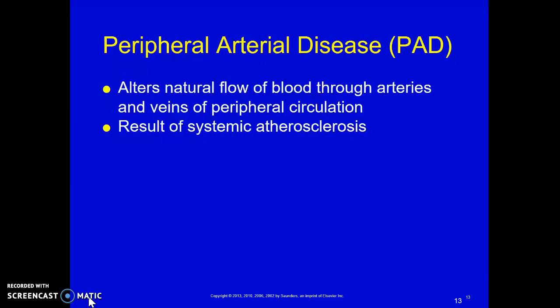Again, after this, you're just going to see quite a few different slides that come with this slide set. They are interesting to know, because I know some of you have been looking at things like peripheral artery disease. Some of you have even had patients that have had fem-pop bypasses and things like that, and these just go over some of the downstream effects of hypertension on the lower part of the body through the arteries.